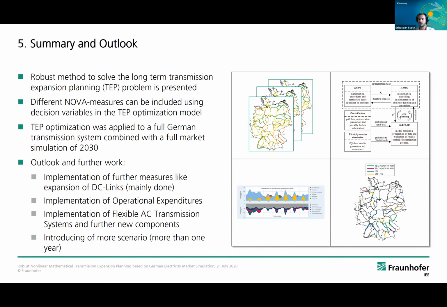As you mentioned before, we then need a long time period to compare capital expenditures with operational expenditures. So this is planned. And of course, for the longer time, we would also like to implement flexible AC transmission systems and further new components, to have the operation for this longer time period.